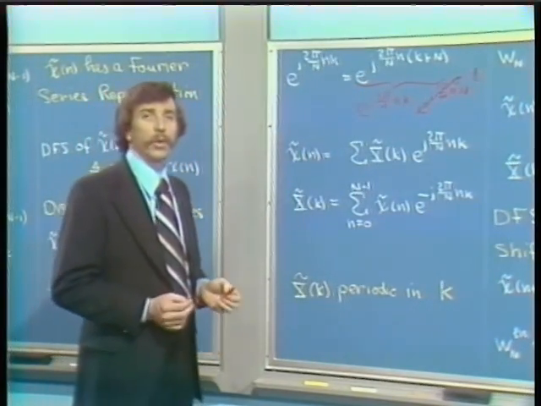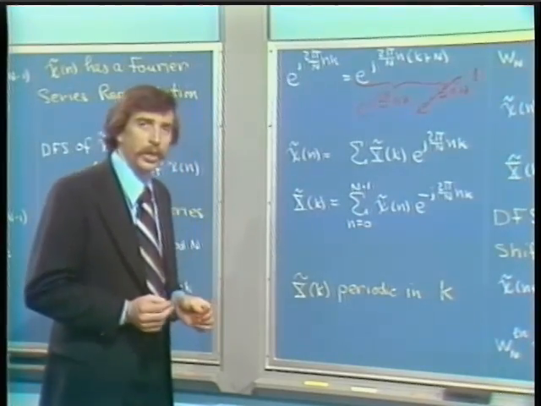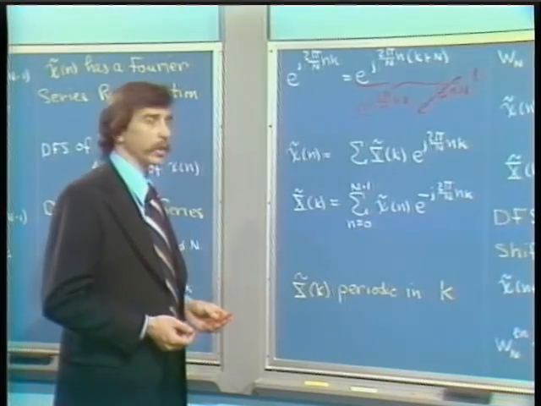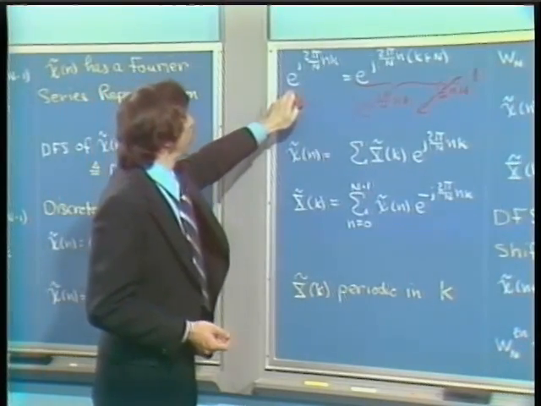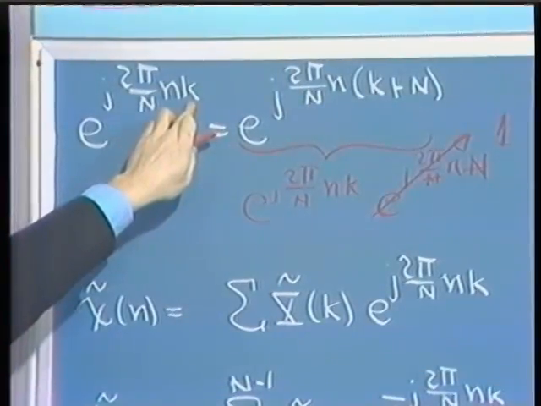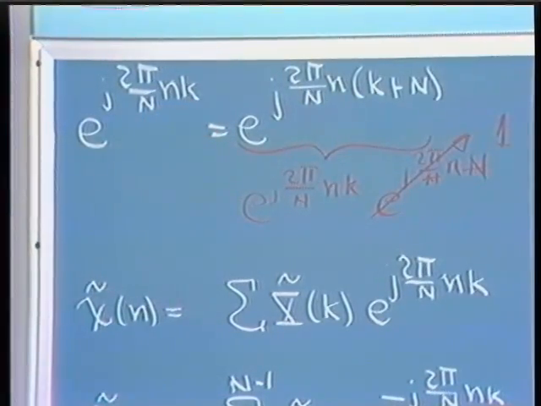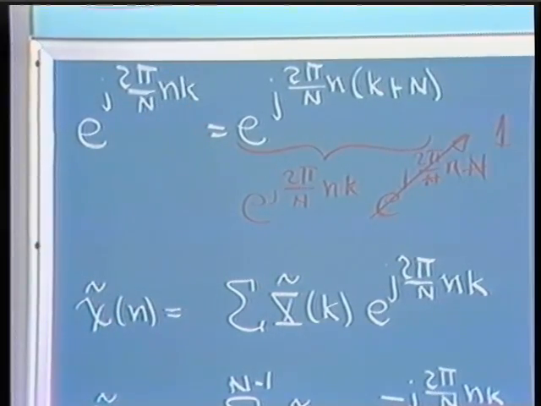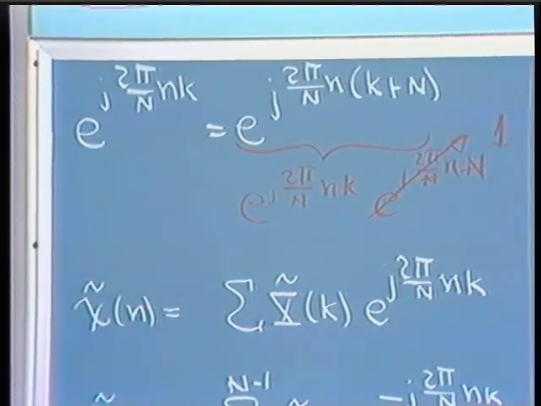But for the discrete Fourier series, it says an important thing. It says that in forming the discrete Fourier series, once we've used the complex exponentials for k between 0 and capital N minus 1, we've used all the complex exponentials with this fundamental frequency that we have. And if we keep going with k, we're just simply going to see the same complex exponentials over and over again. What does that say about the discrete Fourier series?